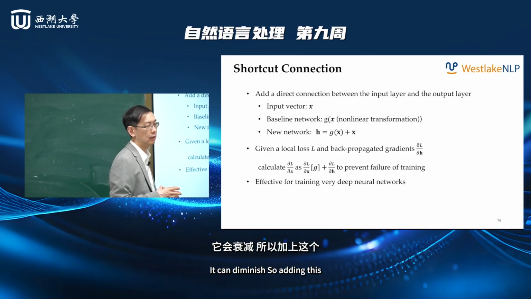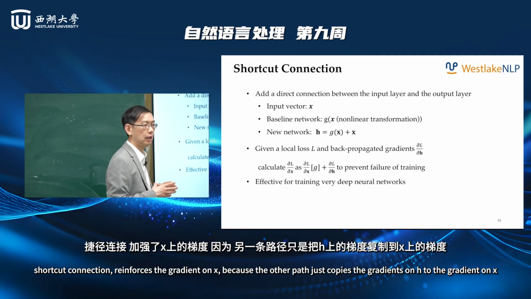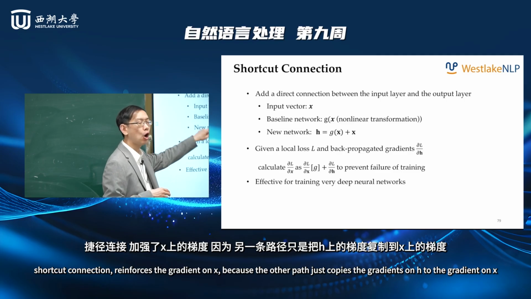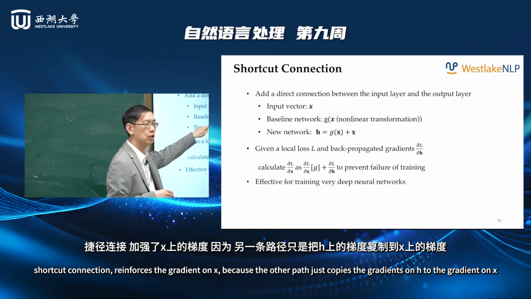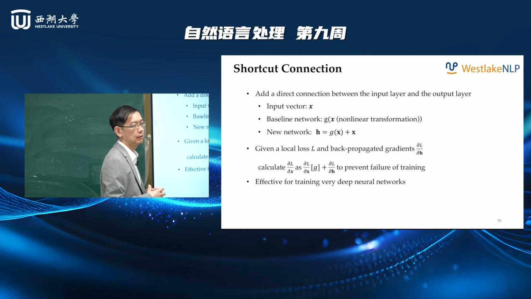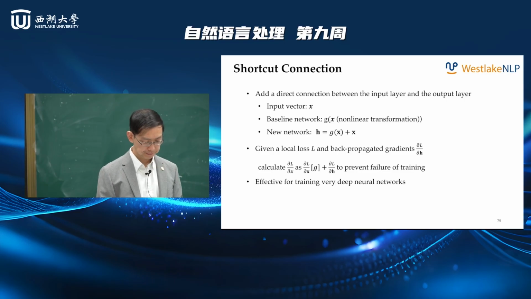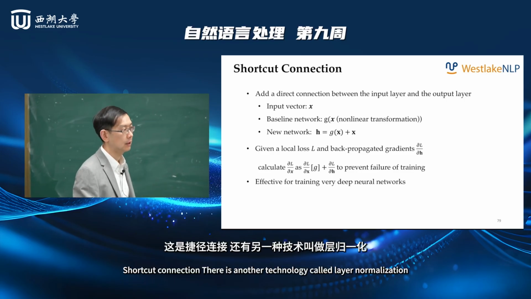It can diminish. So adding this shortcut connection reinforces the gradient on x, because the other path just copies the gradients on h to the gradient on x. It's just a copying. So your x will always learn and respond to output loss. This makes your neural network better. Shortcut connection.